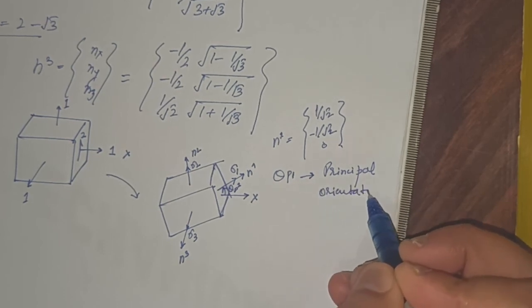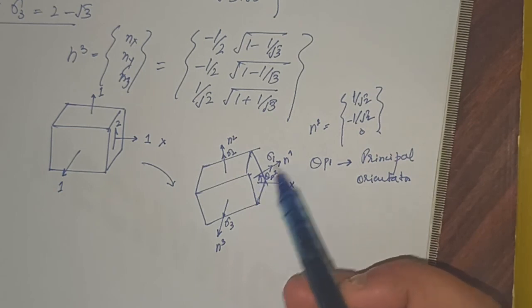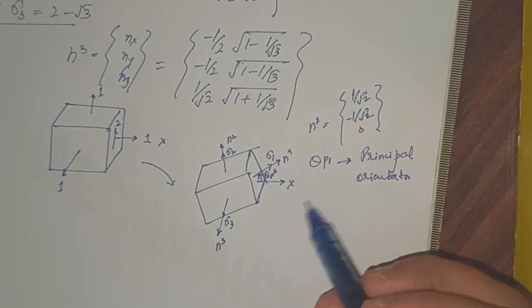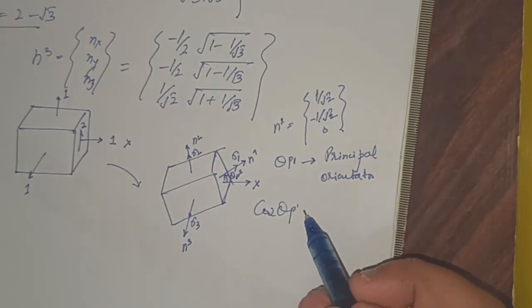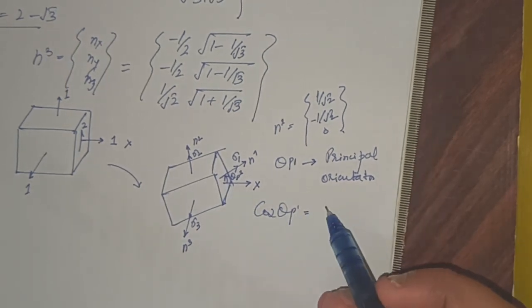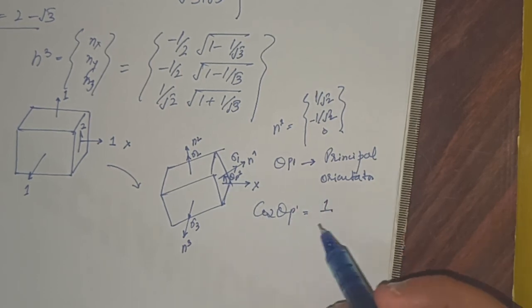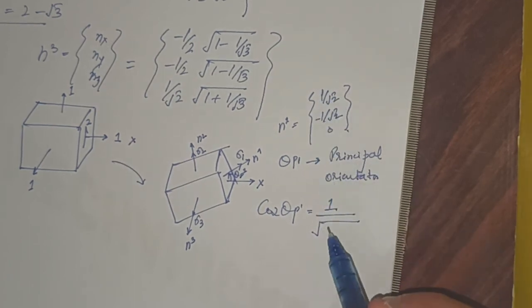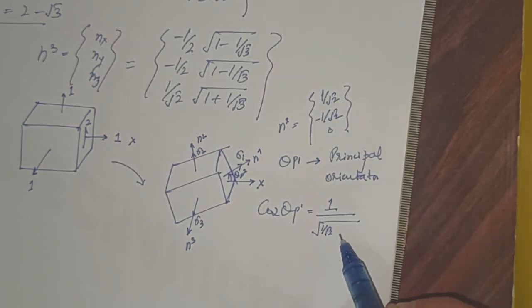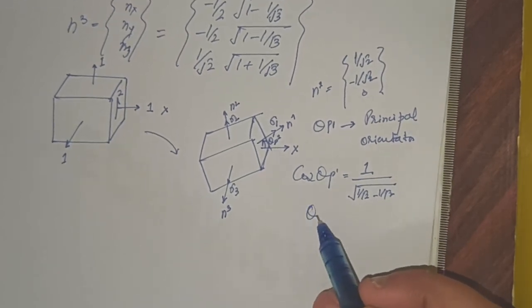What will be the projection of this on the x? This will be cos theta p1, equal to base upon hypotenuse, so this is 1 upon square root of 2. In this way we will obtain theta p.